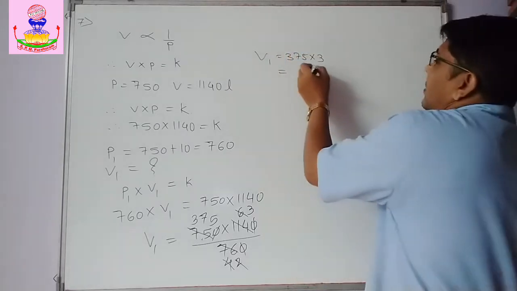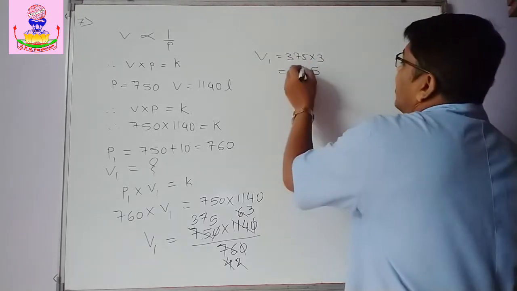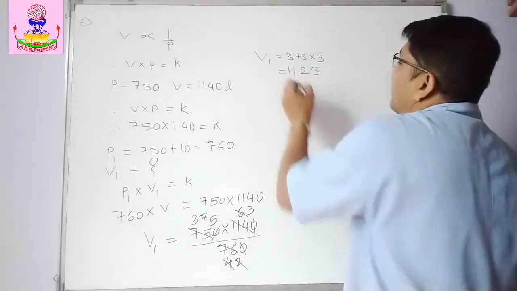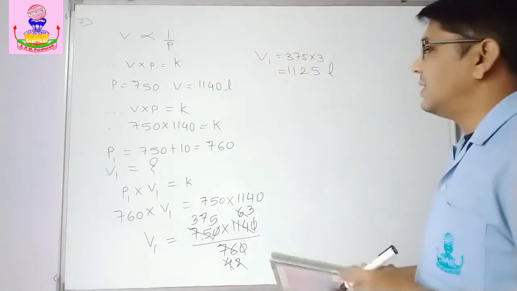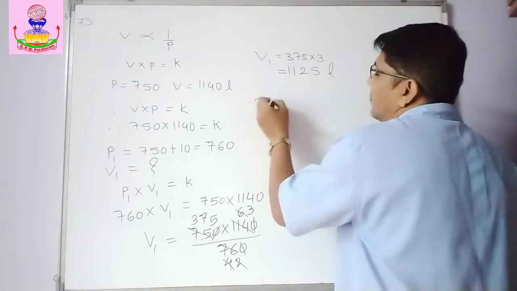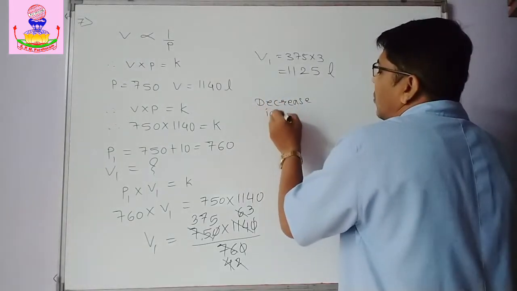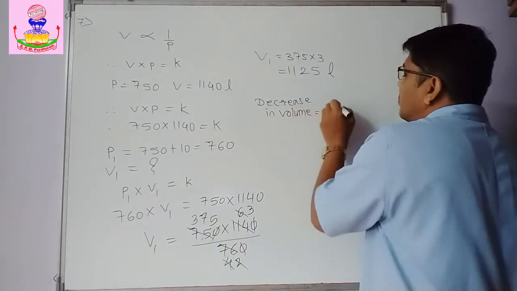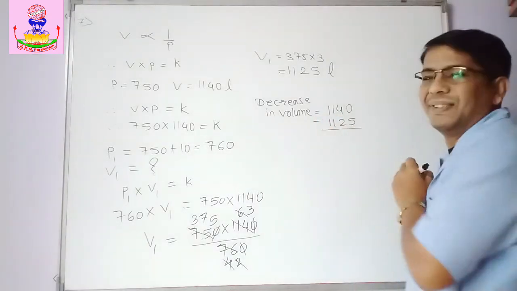Now 5 3s are 15, 1 carry on, 7 3s are 21 plus 1, 22, 2 carry on, 3 3s are 9 plus 2, 11. So 1125 liters. Now, is it increased or decreased? Decreased. So the decrease in volume is 1140 minus 1125.